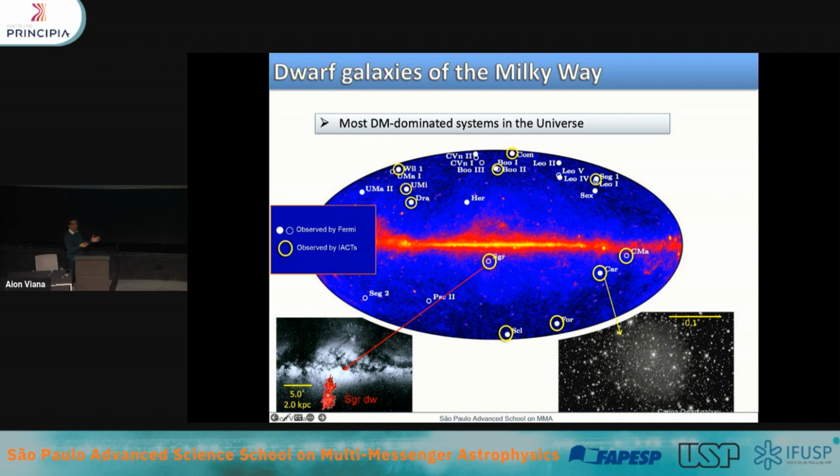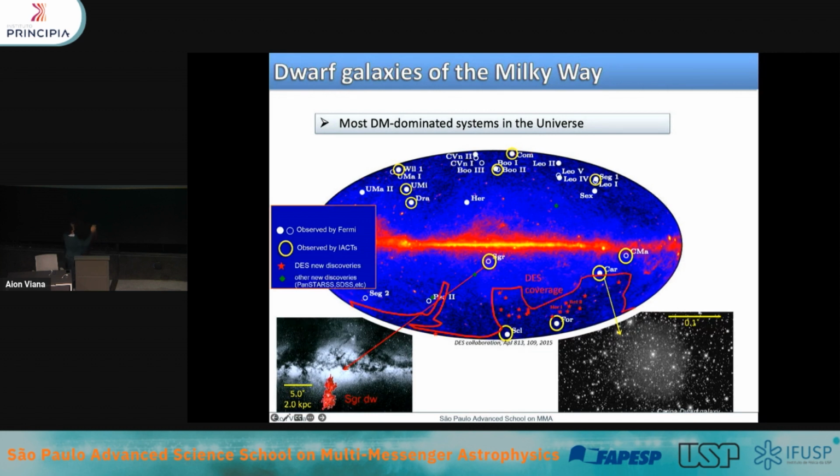In the case of the galactic center, the gravitational potential in the center is dominated by the stars of the bulge, not by dark matter. But since dwarf galaxies are dominated by dark matter, when you measure the gravitational potential, you are actually measuring dark matter. So that's why they are so interesting for us.